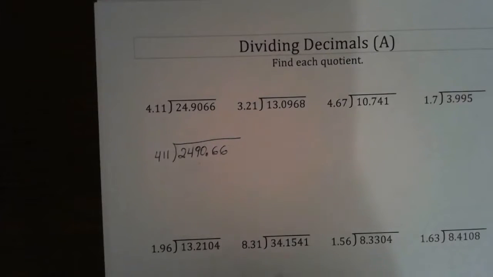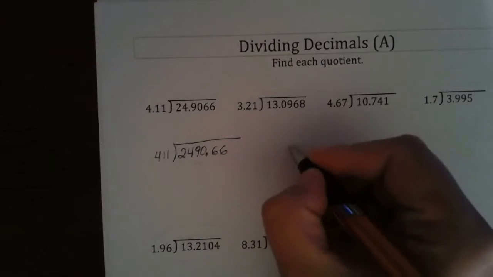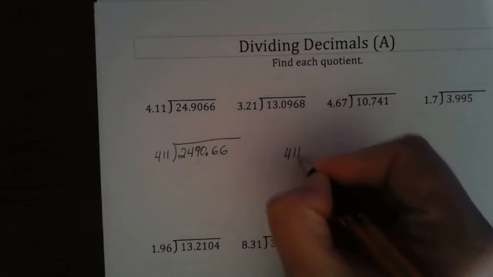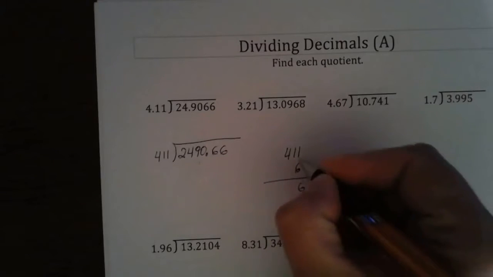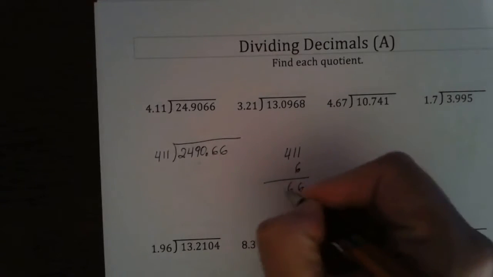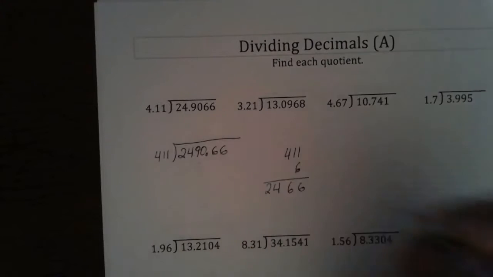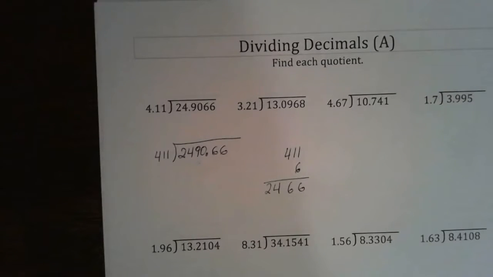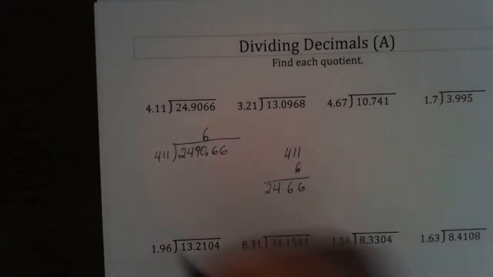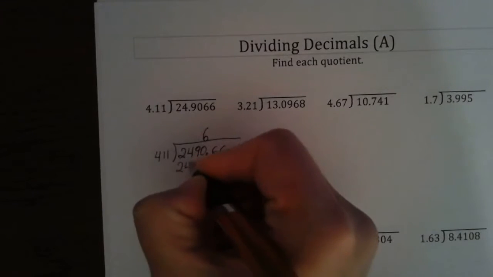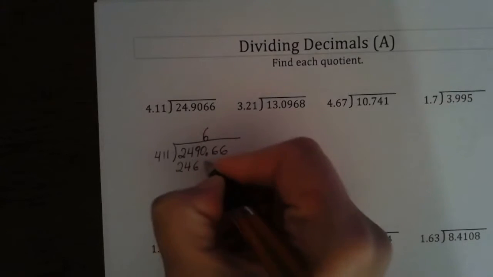Okay, so somewhere on the side here, I'm going to do 411 times 6. 1 times 6, 6. 1 times 6, 6. 24. That's pretty close, right? Pretty close, not quite, but I'll go with 6 here. And I get 2,466.